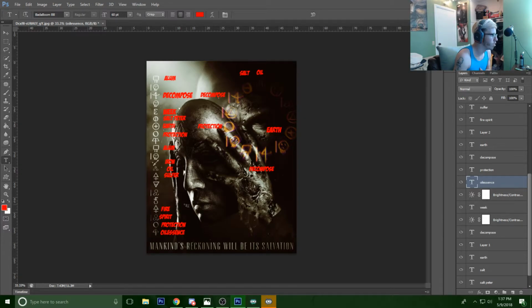I can also export this if I need to. And I also found that there's 2 symbols, the second to the bottom ones on the left, that I put Fire Spirit next to. That's only saying Fire Spirit if you were to connect those symbols together. That would be one word, if you could connect those together.